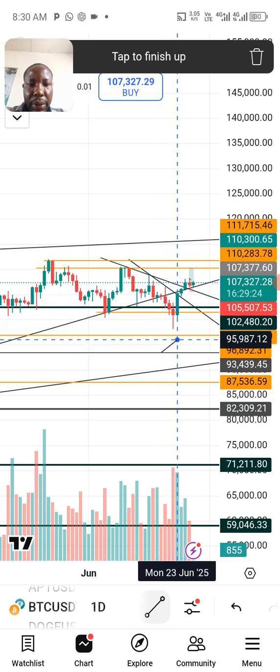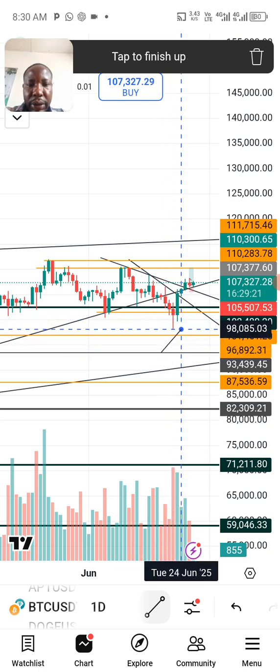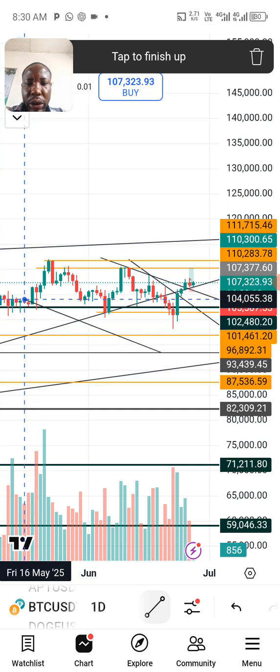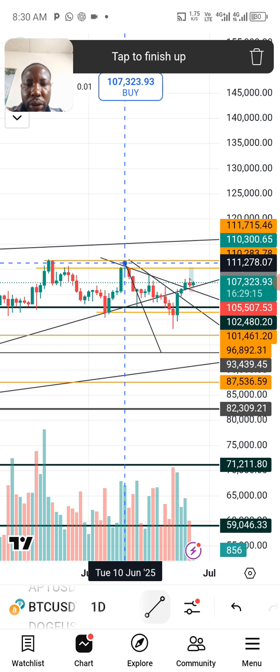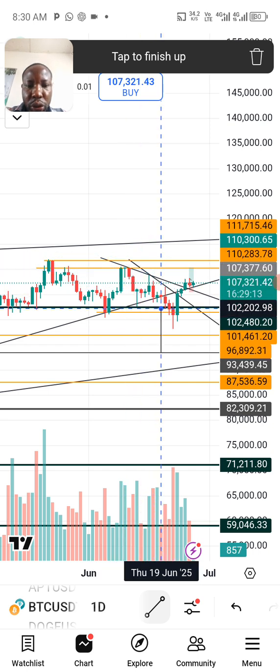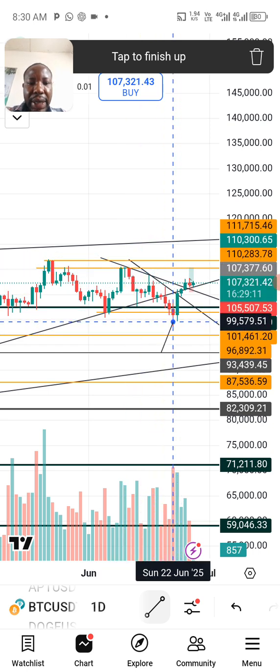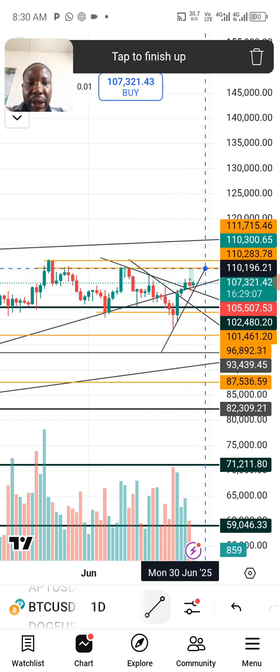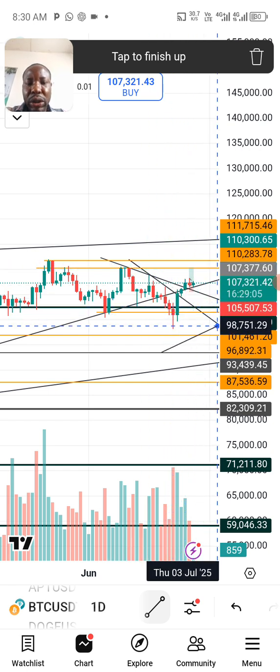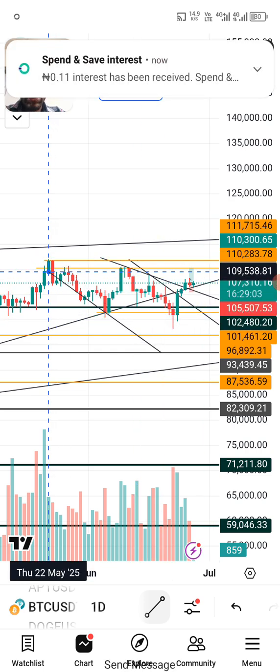So look at what happened. He came all the way to this place and he dropped back to this place. He came all the way back to this place again and he dropped back to this place again. So the next target should be for him to come up all the way to this place again. Then if there's confirmation, we drop back to this place again. He is on consolidation.